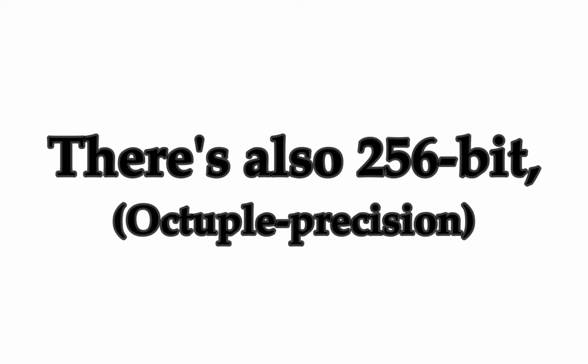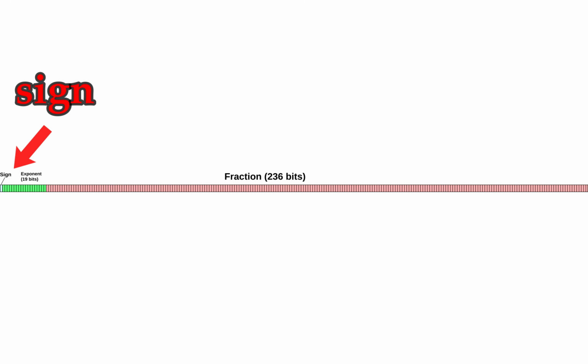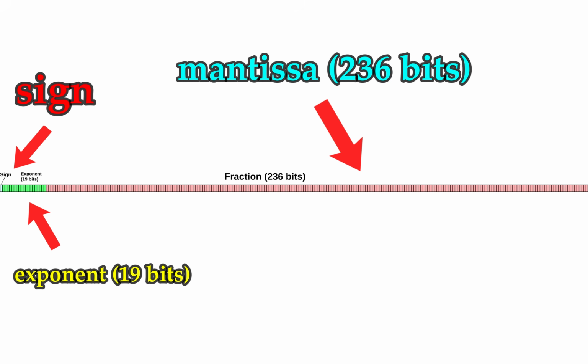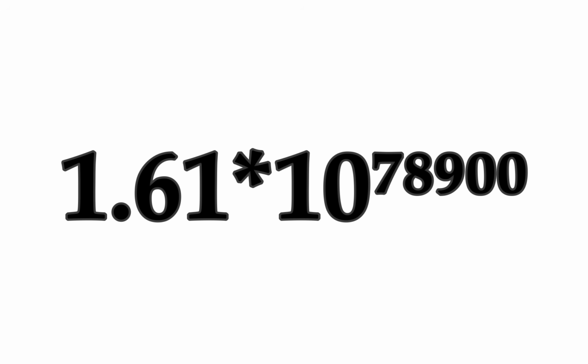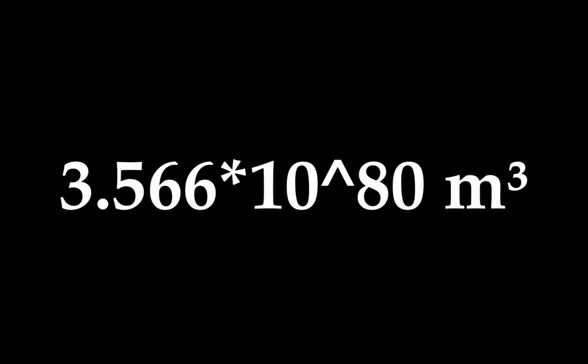There's also 256-bit, which has 1 bit for the sign, 19 bits for the exponent, and 236 bits for the mantissa, making the maximum number about 1.61 times 10 to the 78,913th power. When you have an arbitrary number of bits, you can make insanely large numbers, way beyond even the volume of the observable universe, which is only about 3.566 times 10 to the 80 cubic meters.